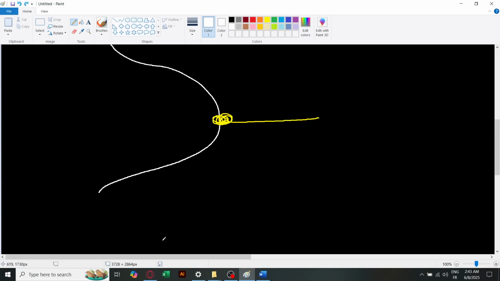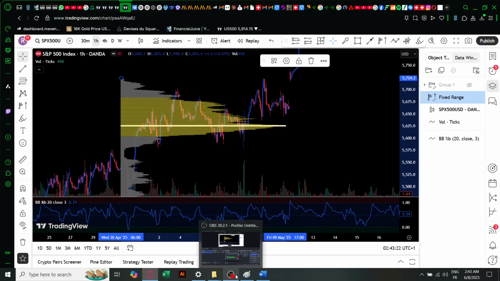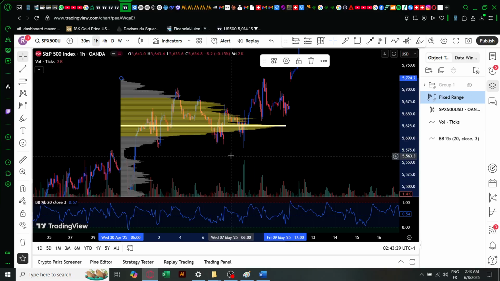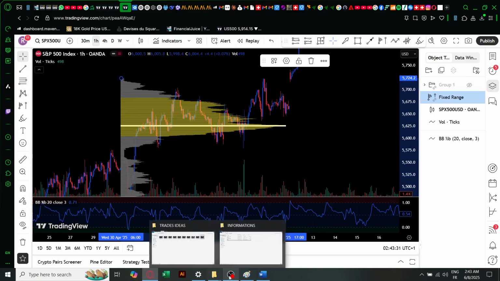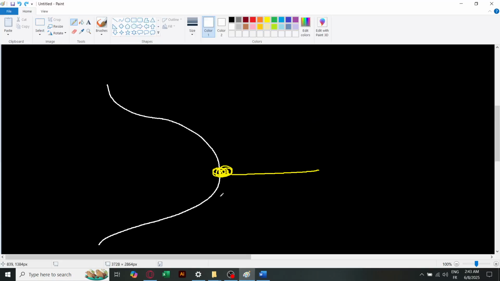This is not real volume, this is tick volume, but it's somehow accurate. Let's say 80 to 90% close to the real volume when you use futures data. So it works because we're not trying to scalp ticks.